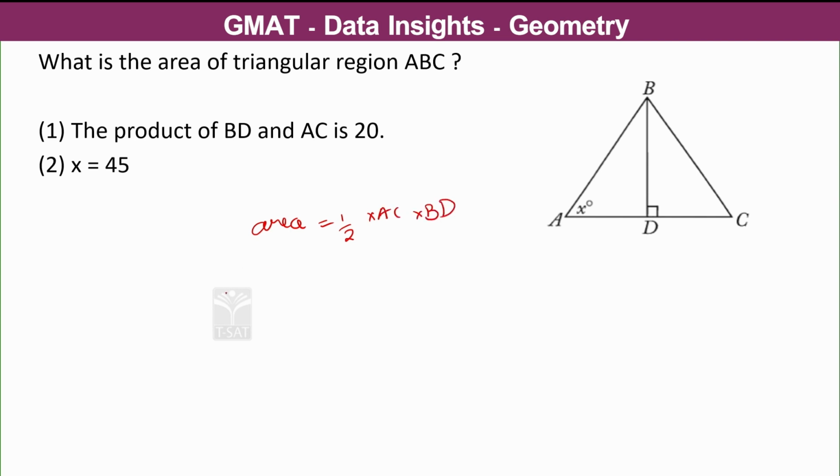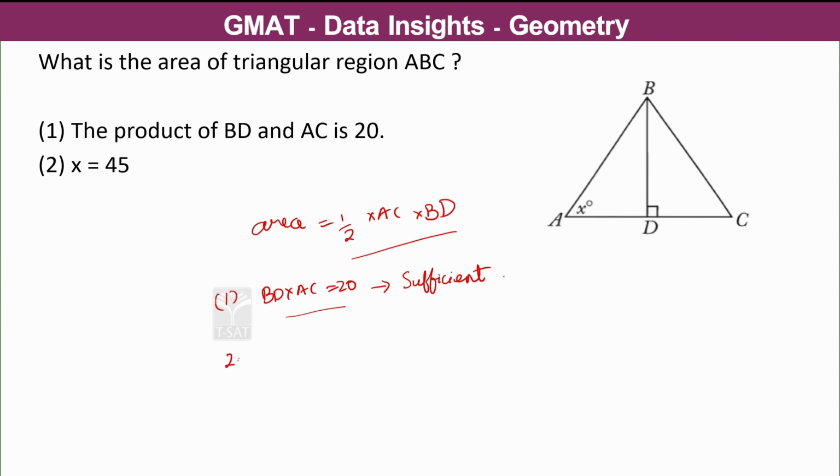Statement 1 tells us that BD into AC is equal to 20. So, yes, you can calculate the area. Area is nothing but half AC into BD, so you will have half of this, that is 10. But you do not need to calculate the area. You only need to say whether or not the information given is sufficient to answer the question. So, yes, this information is sufficient to answer the question.